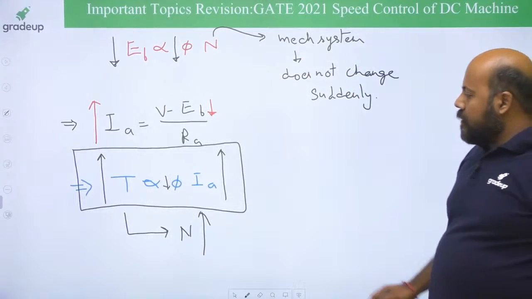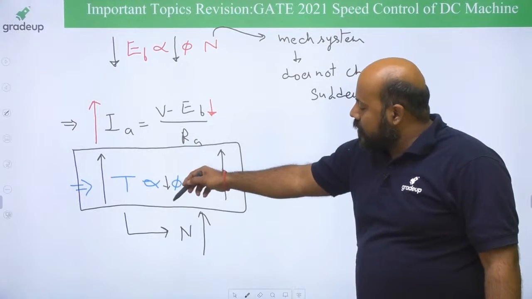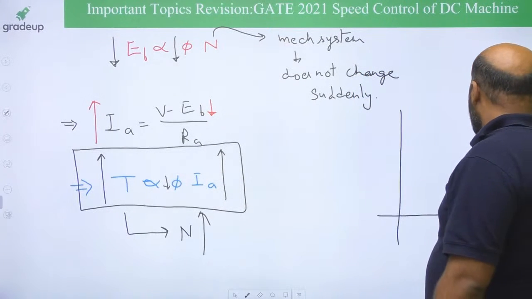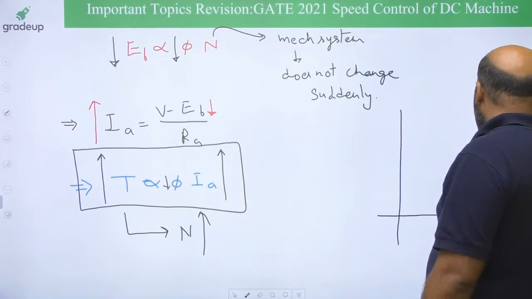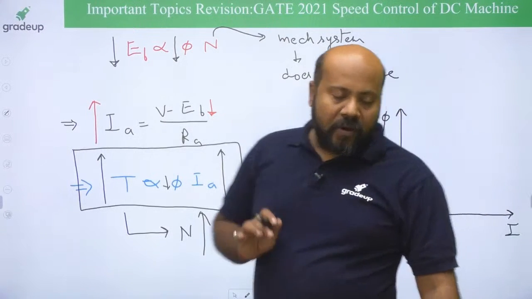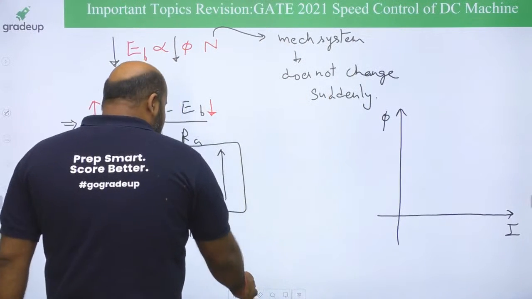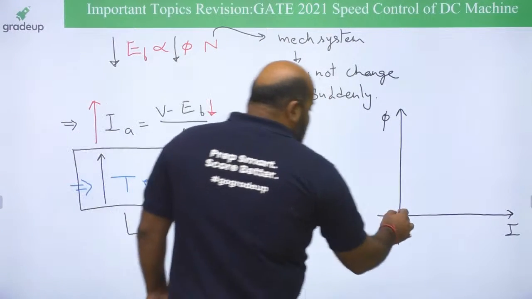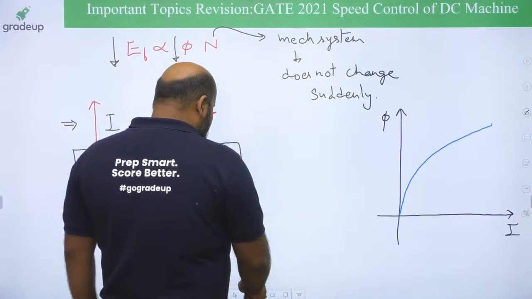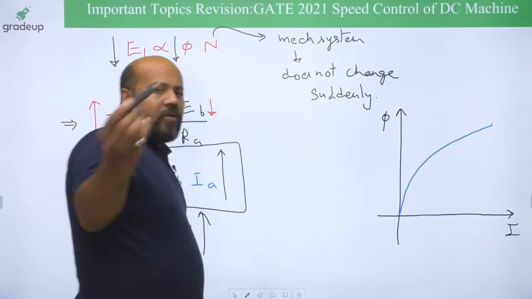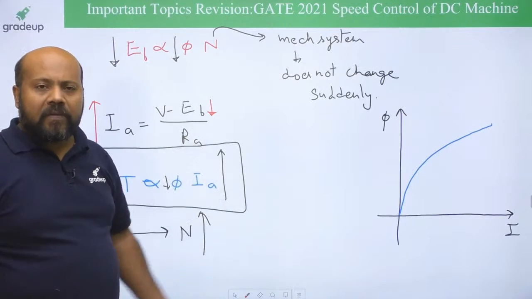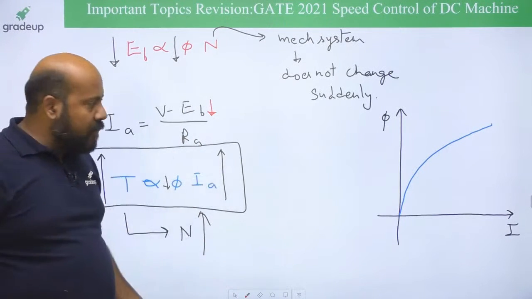Now you have to understand why you are having the reduction in flux small and the change in current large. If you draw the magnetization curve, in general I am saying, it is going to be saturated after some time. And generally you are operating your machine very close to the saturation point because you want the maximum flux, maximum torque, maximum EMF.